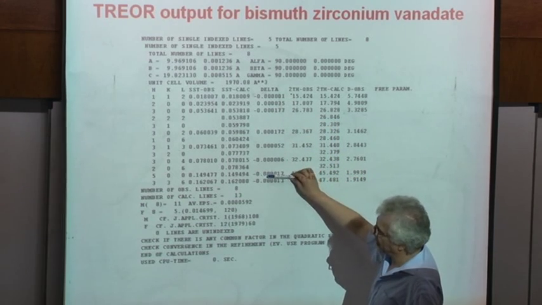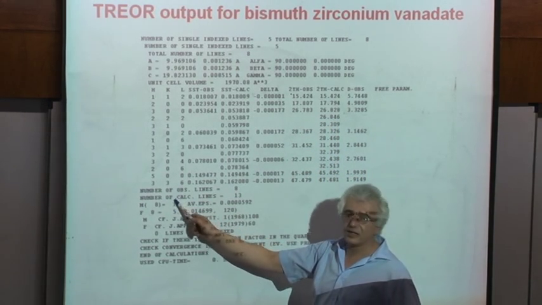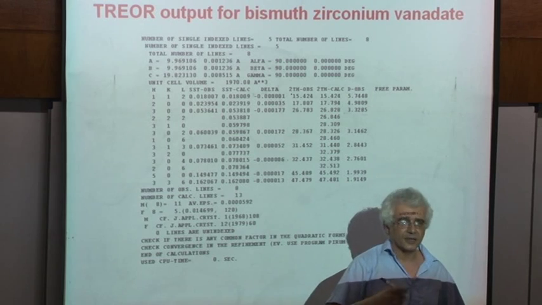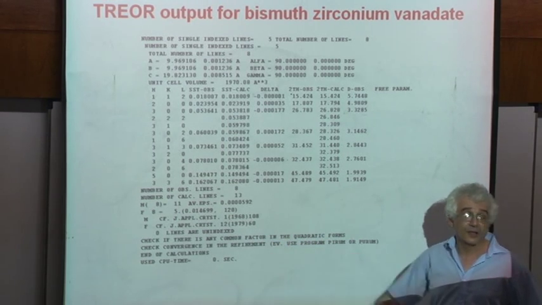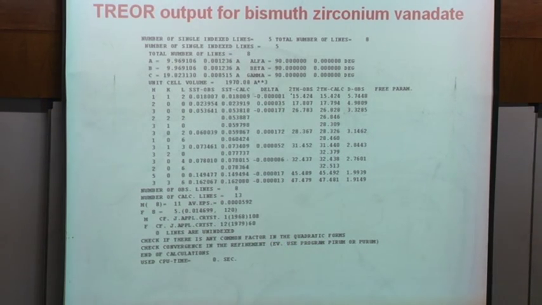It's indexed all the peaks and it's got a figure of merit here that's above 10. That tells me that that is a possible solution. No lines are unindexed, that's a good sign. So this kind of program can give you the unit cell, and from the systematic absences you can then work out the space groups.